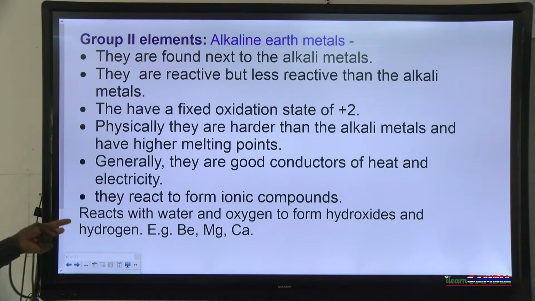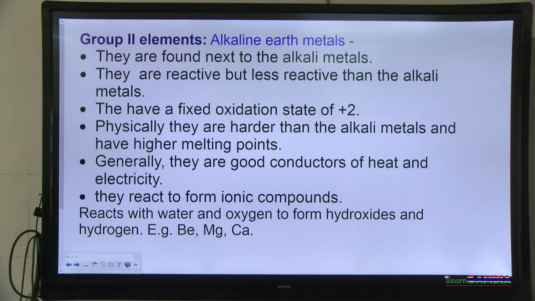Whereas the group 2 elements have 2 electrons on their outermost shell, and when they lose these 2 electrons, they form a net charge of +2. That is, they form ionic compounds. Physically, they are harder than the alkali metals and have higher melting points.